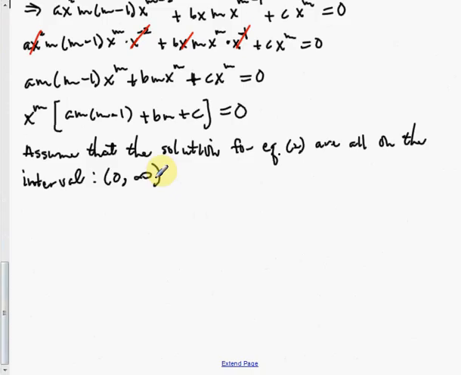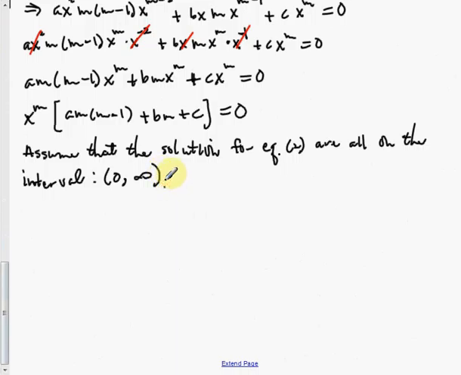We're basically assuming that the key is that the solution is not 0, because if it is 0, then we get some trouble. Now, if it happens to be 0 in just a real sense, then that's fine. But for the order of the algebra to work, here we assume that the solution is on the open interval from 0 to positive infinity. The key or the hiccup is at 0 itself.